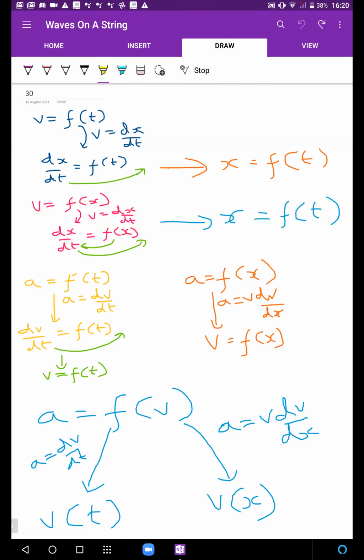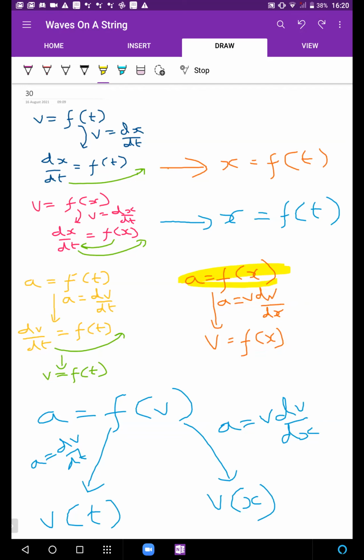Acceleration, on the other hand: if you have acceleration as a function of time, put a equal to dv by dt, then you get a differential equation in velocity and time, integrating which will give you velocity as a function of time. If you have a as a function of x, use a is v dv by dx, which gives you v dv by dx is f of x. Integrating that gives velocity as a function of x. There's no other option. You can't do anything else in these two cases to integrate and find the answer.